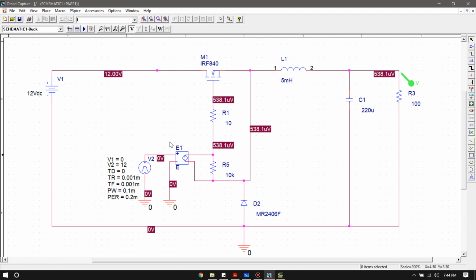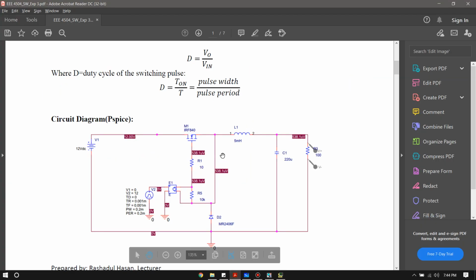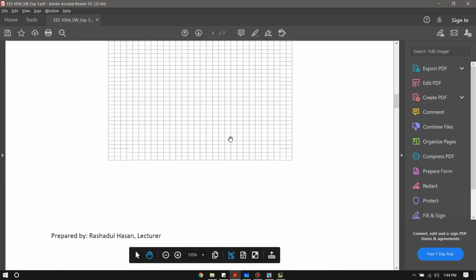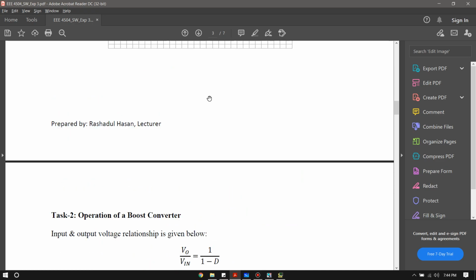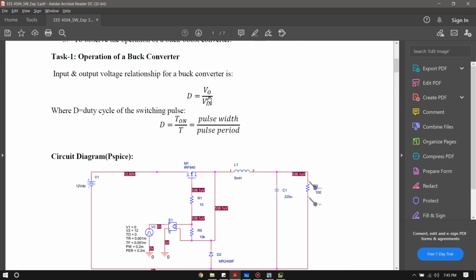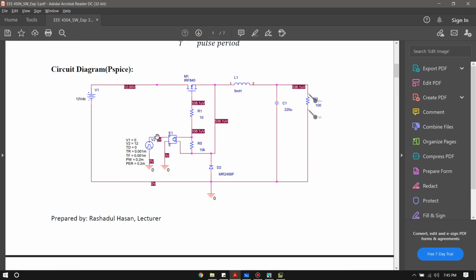If we go quickly to your boost circuit, you'll see that the pulse is directly connected to your MOSFET. But due to the internal structure of the MOSFET, we are not able to connect the pulse directly to the MOSFET in the case of our buck converter.